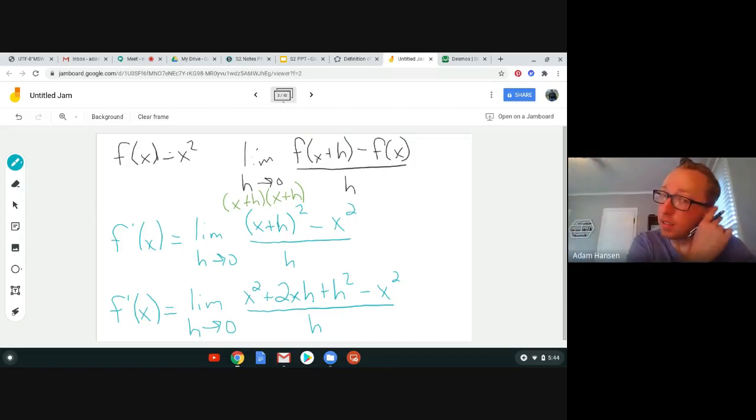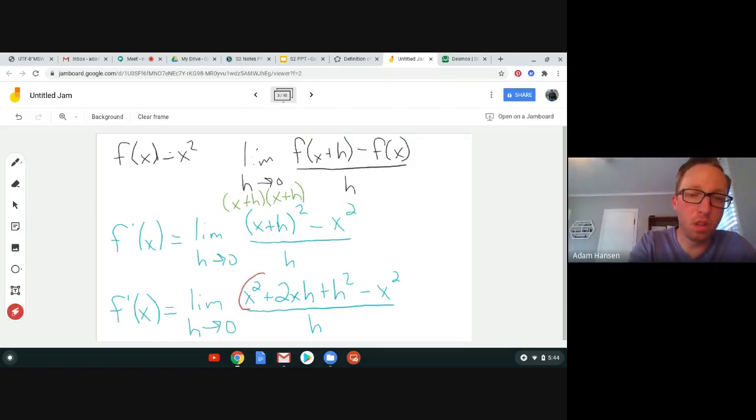Is there anything so far that we can simplify? Well, x squared and negative x squared should cancel out.